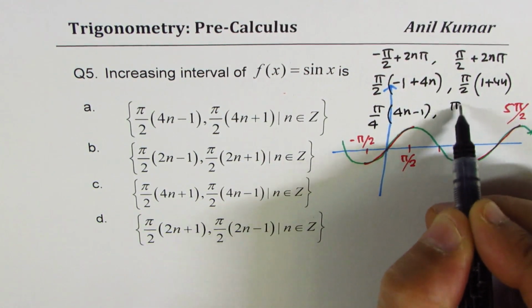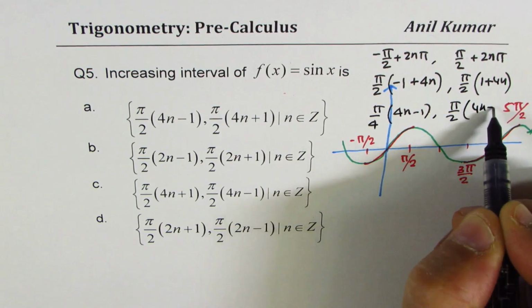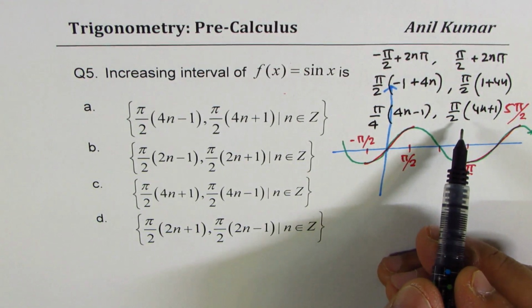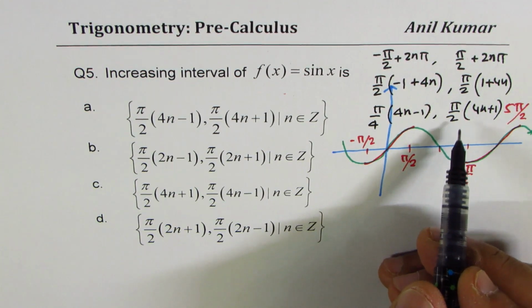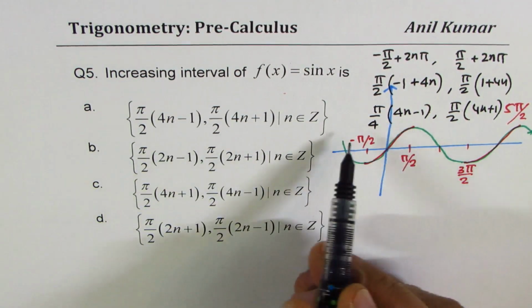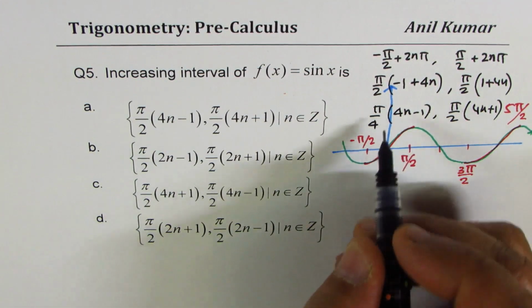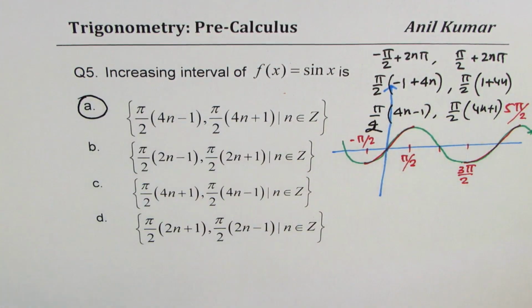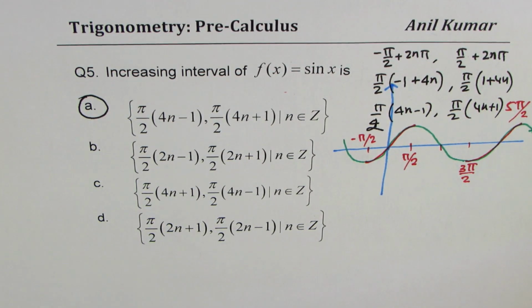Minus 1 to pi by 2, 4n plus 1, correct? So that becomes the general solution for you, correct? The very first one seems to match, perfect. So the very first one matches. So that is the true answer for this particular question.